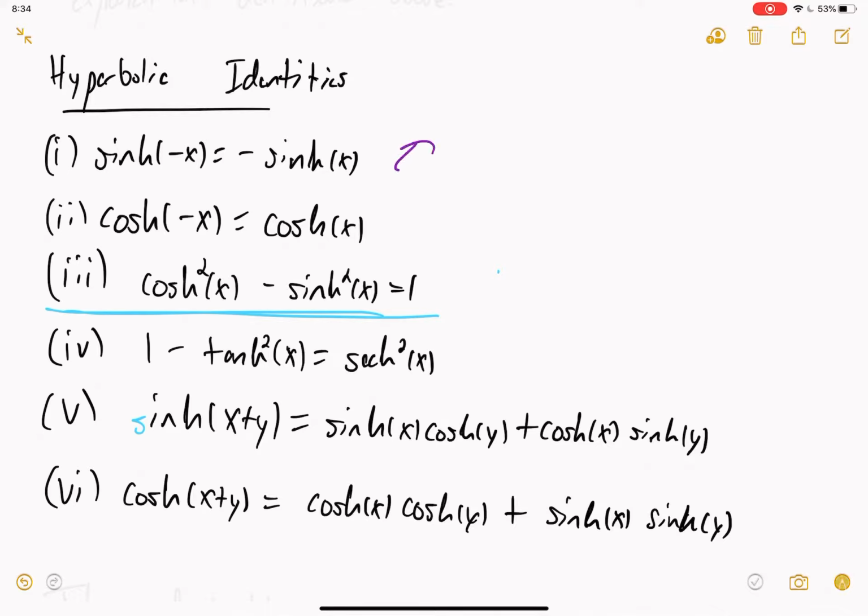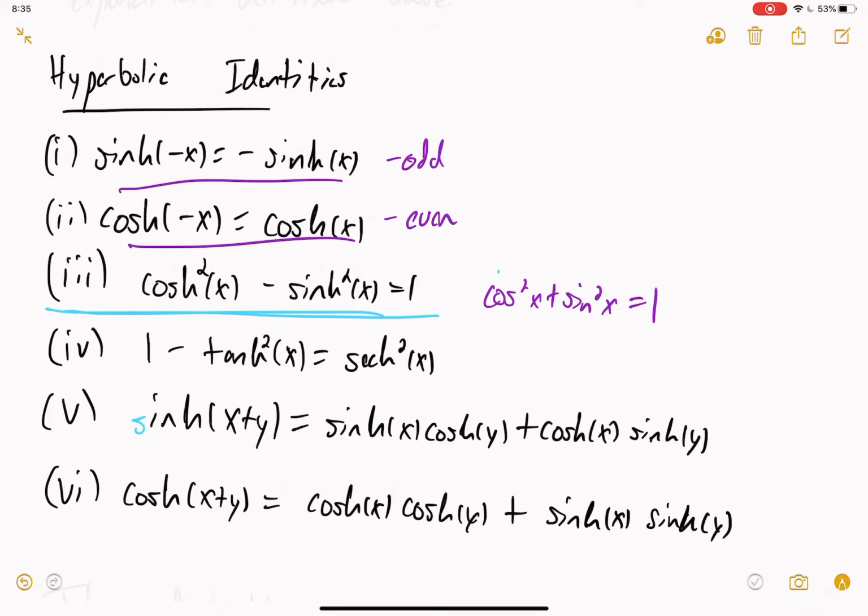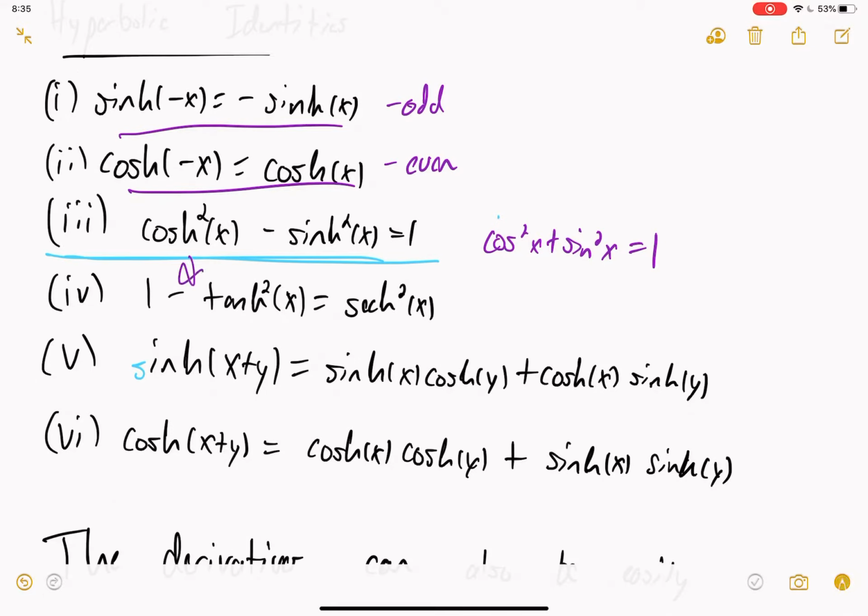The first one is basically just sinh is odd, cosh is even. Then cosine squared of x plus sine squared of x is equal to 1. It's basically that relationship, but now with hyperbolic functions. Likewise, you can take this divided by cosh and just get this one right here.